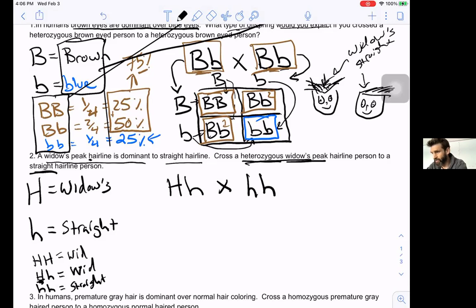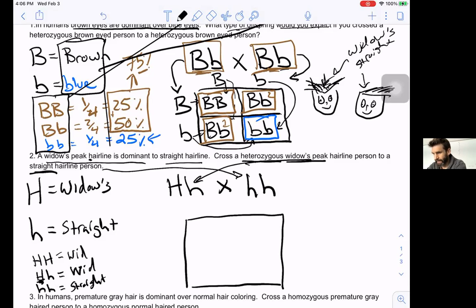Okay, so here's our setup here. A heterozygous widow's peak crossed to a straight hairline person. And we just want to see what the possible offspring would be. What are the possibilities? So again, these genotypes can go here, capital H or lower h, and this individual could only provide little h.